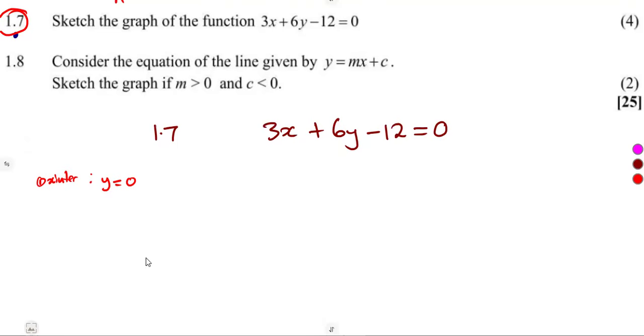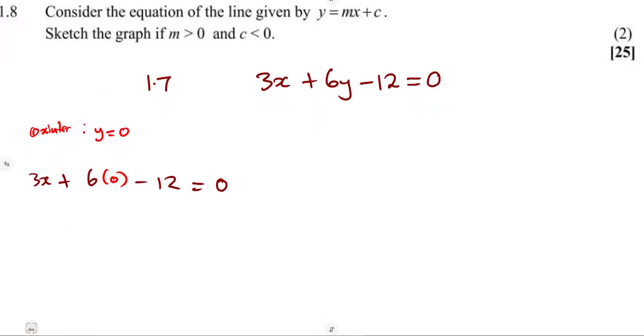So that's 3x plus 6 times the y value, which is 0, minus 12 is equal to 0. Then we can simply solve for x. So 3x, 6 times 0, that's a 0. Then this one is just going to cancel out. We remain with a minus 12, that's equal to 0.